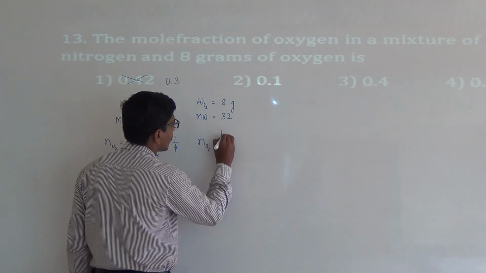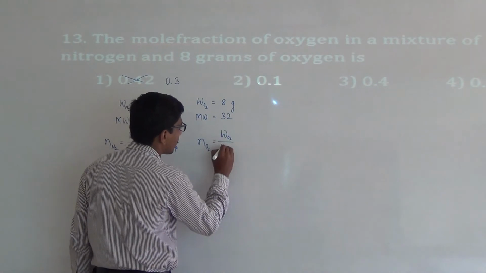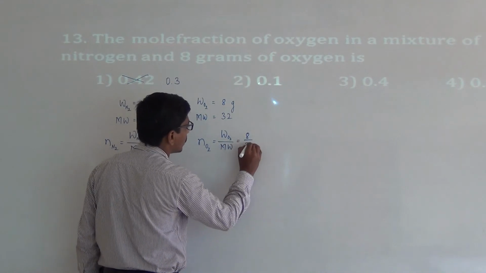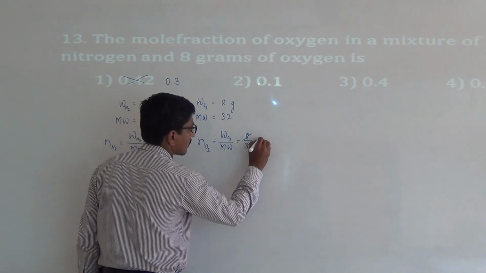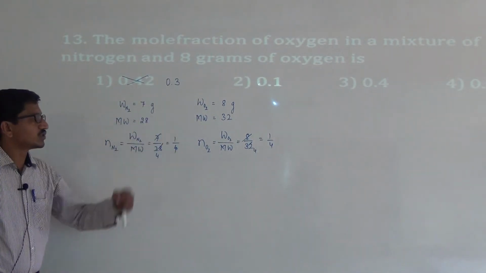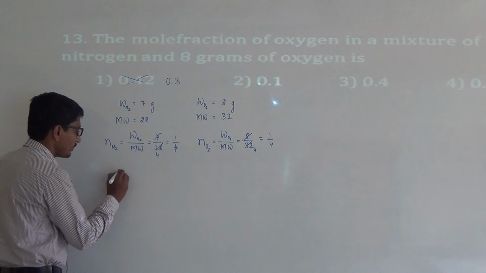From these values we can calculate number of moles of nitrogen, nN2, equal to WN2 by Mw, this is equal to 7 by 28, this is equal to 1 by 4, and nO2 is equal to WO2 by Mw, this is equal to 8 by 32, which is 1 by 4. The number of moles of nitrogen and oxygen both are the same.